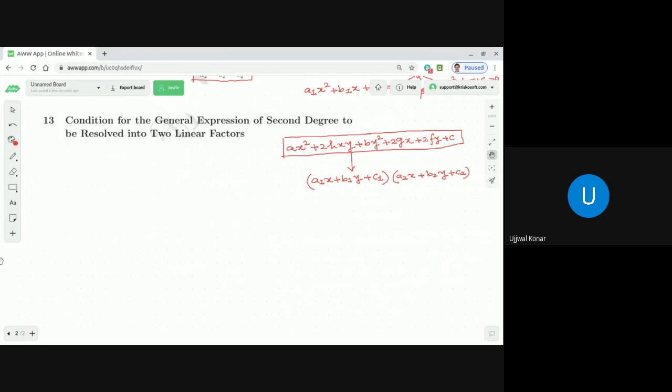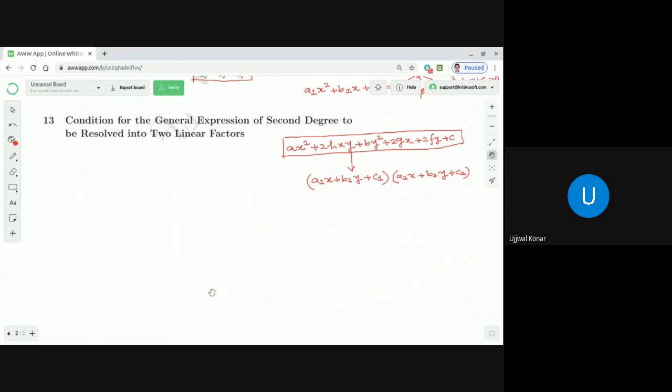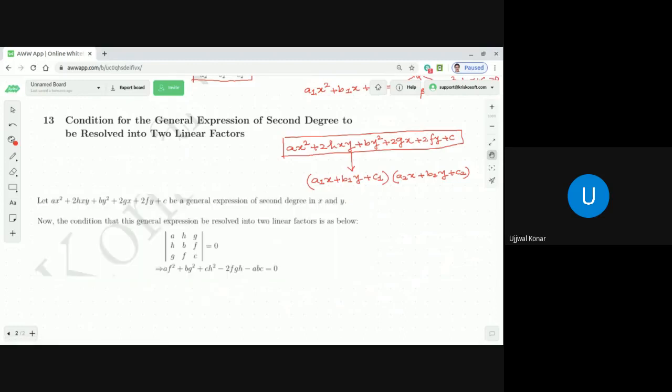for a general expression of second degree to be resolved into two linear factors is that the value of a determinant has to be equal to 0. So dear students, this is the underlying condition that a general expression of second degree like ax square plus 2hxy plus by square plus 2gx plus 2fy plus c can be resolved into linear factors.